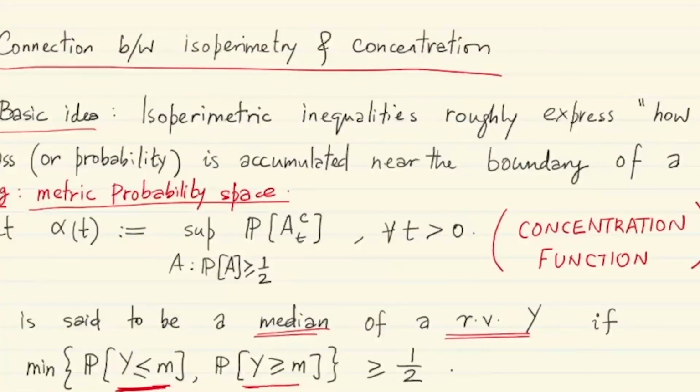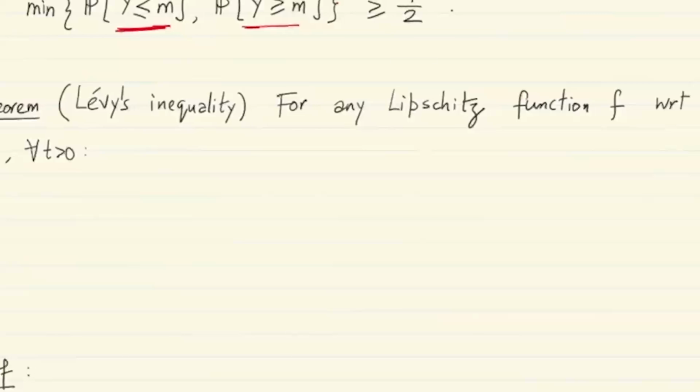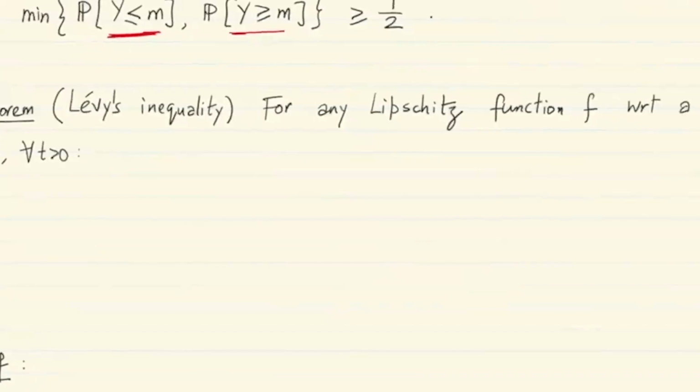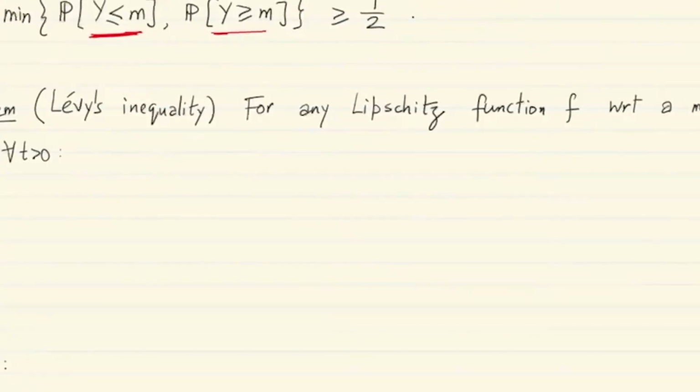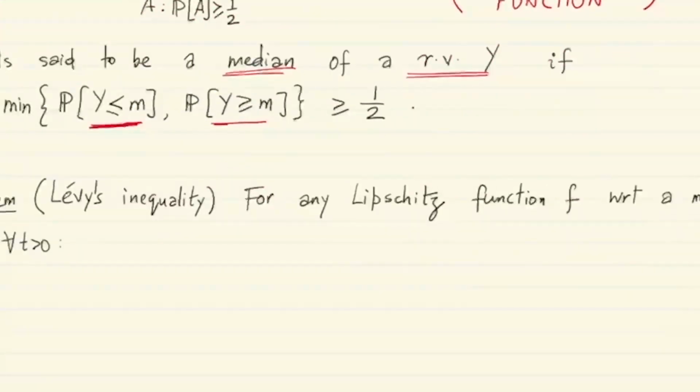Okay, so now the main bridge between isoperimetry or concentration functions and concentration inequalities themselves is what is called Levy's inequality, which says: consider any Lipschitz function f with respect to the metric d. So let's say there is a metric probability space on which there is a function f defined, which is a Lipschitz function.